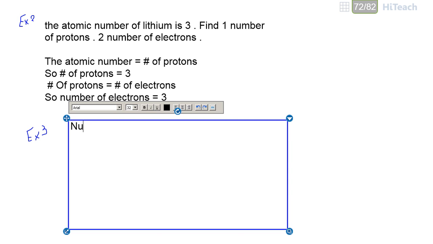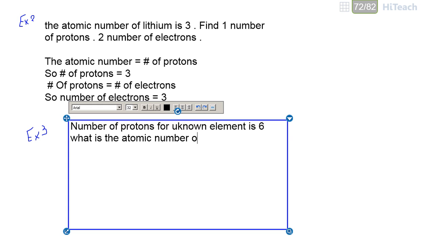The number of protons for an unknown element is 6. What is the atomic number of this element?